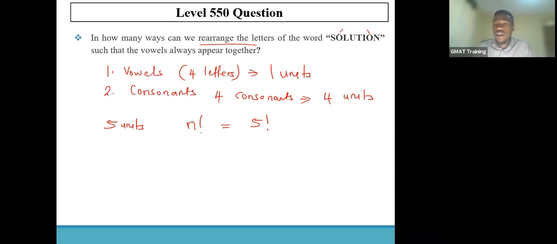If we are to arrange them as the first O and the second O, there is no way of differentiating them, such that we have to find the means of taking care of this scenario where we can't differentiate the two letters. And so we are going to have 4 factorial divided by the number of non-distinct letters, and that is 2.